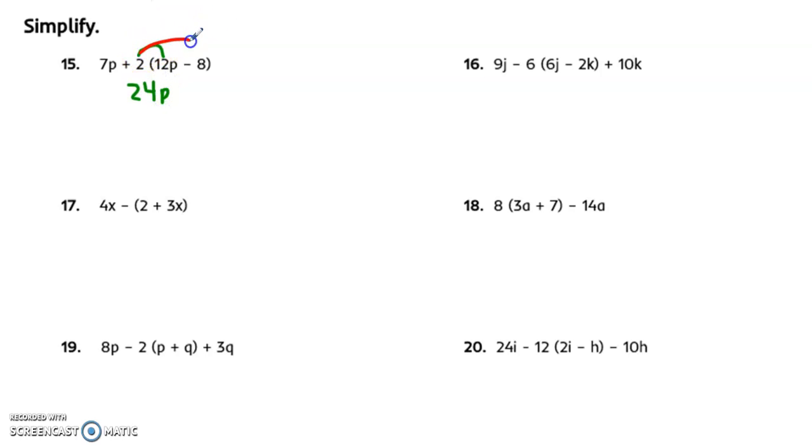And then 2 times negative 8 is negative 16. And then we'll bring the 7p down. And remember, this is a positive 24p. So we have 7p and 24p that we can combine, and that will give us 31p. And then bring down the negative 16.